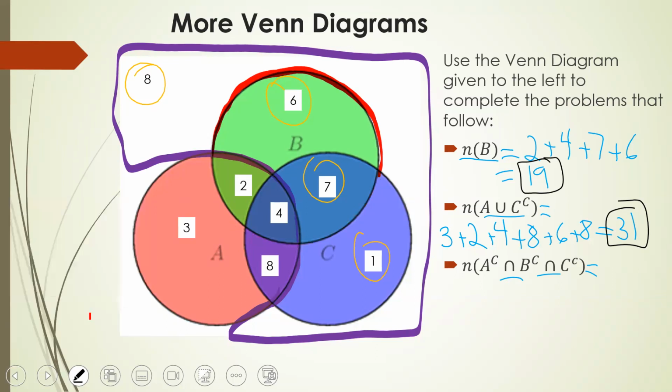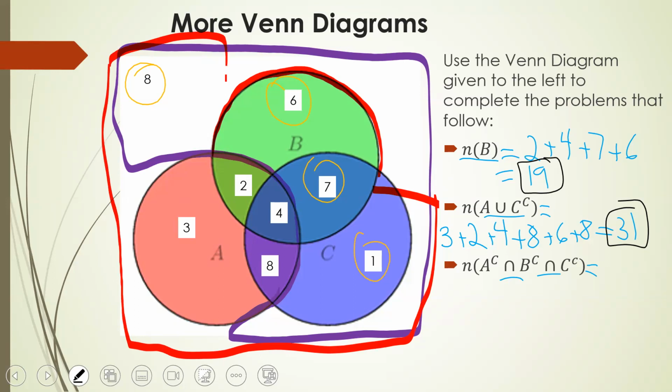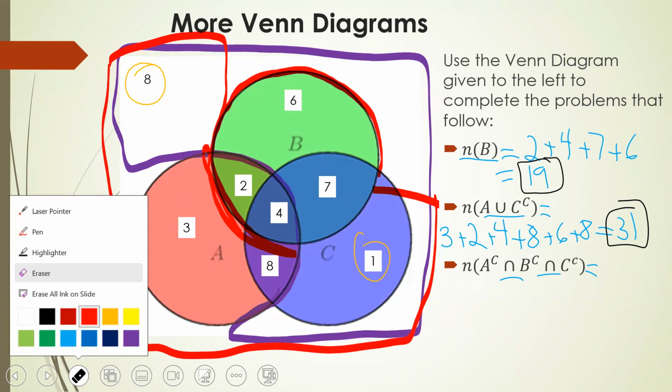So it would include this 1 down here, everything in A that's not also in B, this 8 up here, inside that red area that I have highlighted. Now notice that the 6 and the 7 there fall within B, so we actually can take those out as candidates for elements in the intersection, because they can't be in B complement.